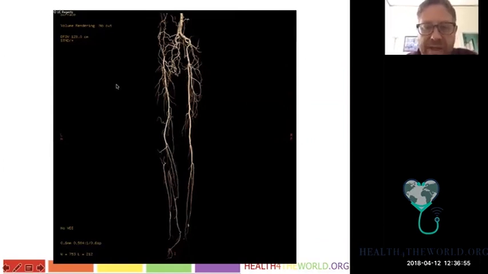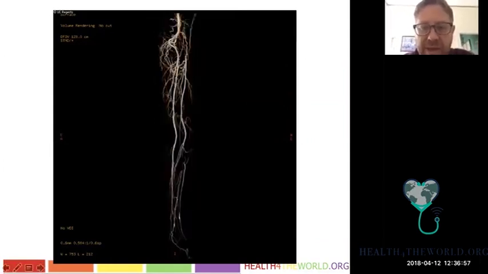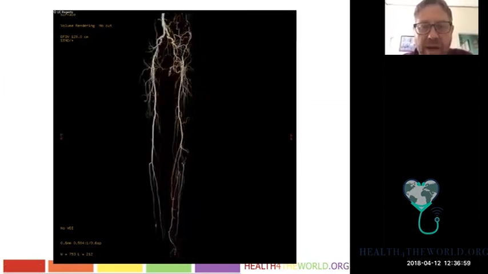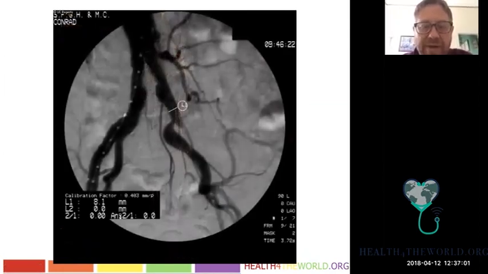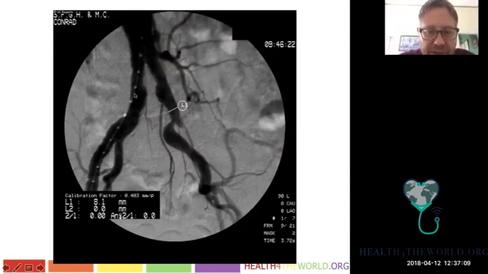So I'm looking at this and I'm thinking, I think this patient probably has a common iliac and external iliac artery occlusion. And in fact, this patient does. So I did an angiogram and I see that here's a catheter. It's a pigtail catheter with markings on it so that each one of these is 1 centimeter.